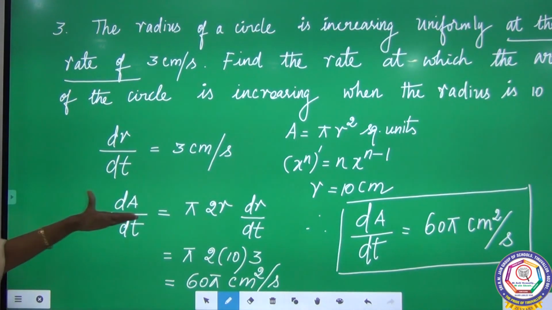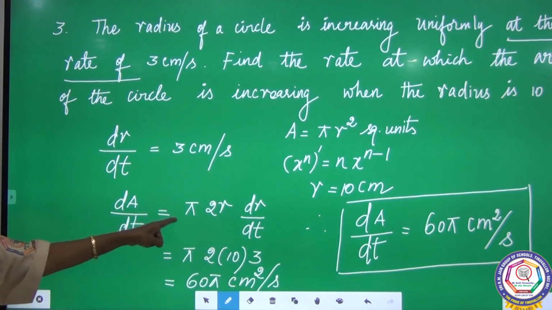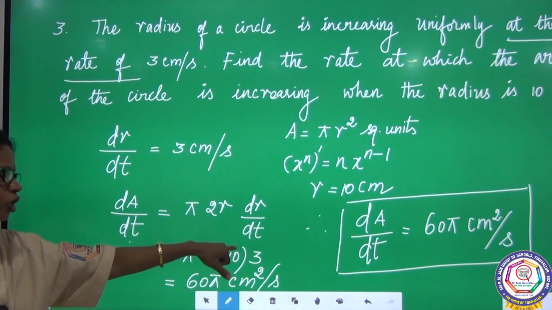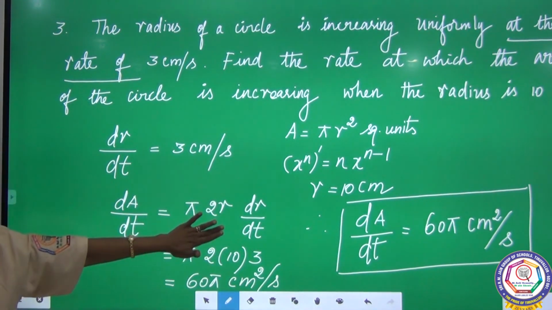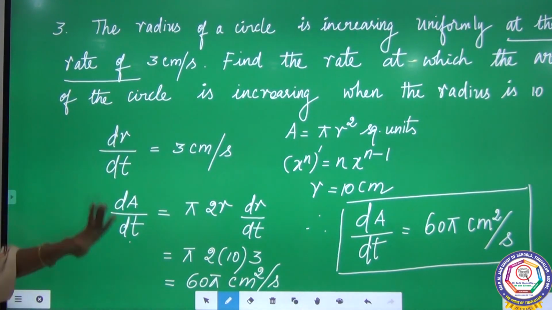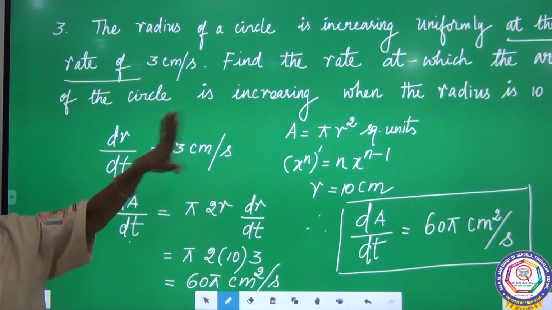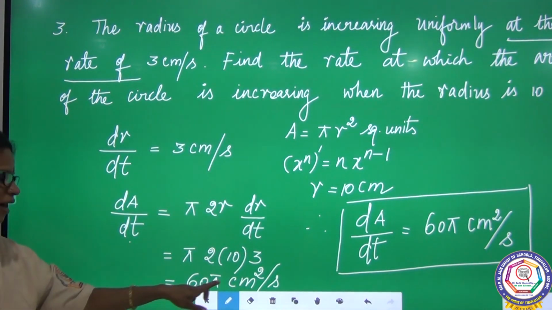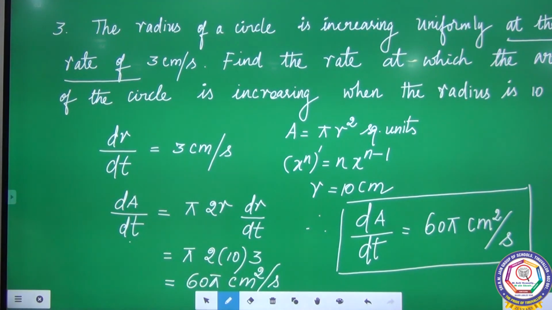So dA by dt equal to pi into 2r. Here I am differentiating with respect to time. The same way here also I want dr by dt. dr by dt is given as 3. Then the radius is also given in the question, right? So you arrive at 60 pi.